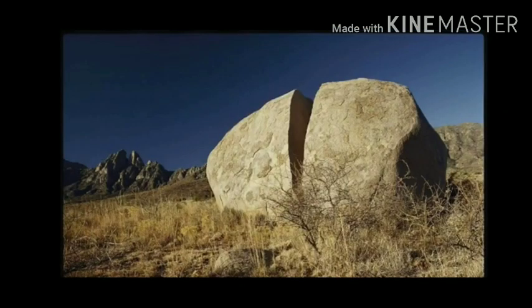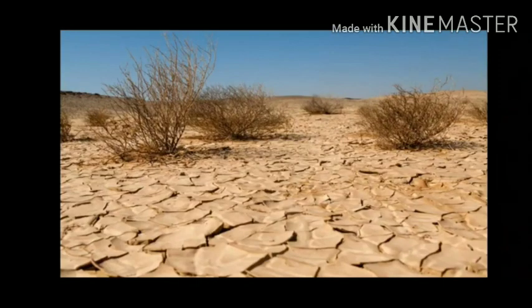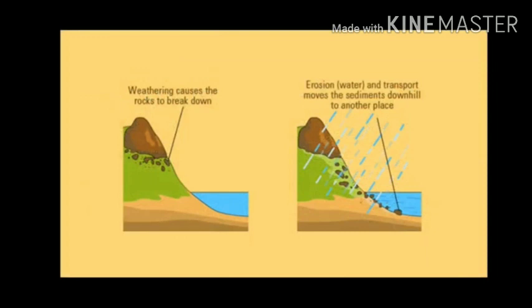Weathering is the breaking up of the rocks on the earth's surface, whereas erosion is the wearing away of the landscape by different agents like wind, water, and ice. The eroded material is carried away or transported by water, wind, etc., and eventually deposited. This process of erosion and deposition creates different landforms on the surface of the earth.